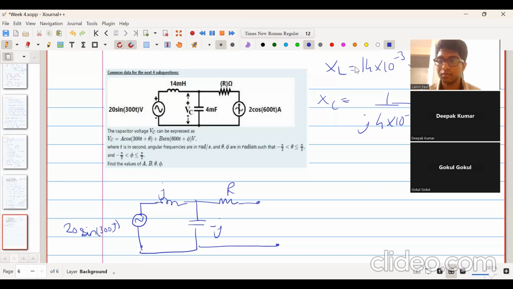Z will be 3.37 J. What Z? Z means equivalent impedance. I didn't ask that. I asked just the impedance of the inductor. What is the impedance of the inductor? J 4.2. Yes.